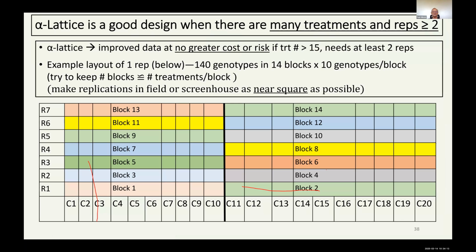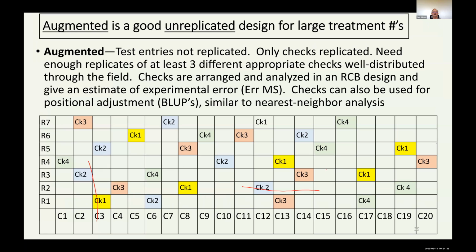Here, alpha lattice, you can see the 20 plots across in columns, 7 plots in rows, and the blocking showing there for one replication for 140 genotypes and 14 blocks times 10 genotypes per block.